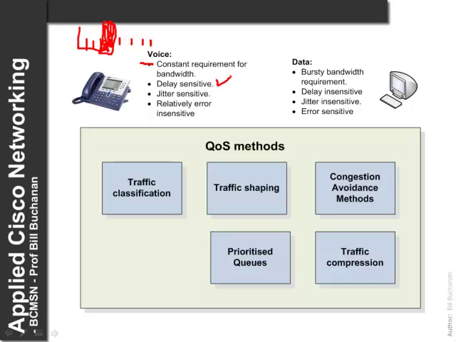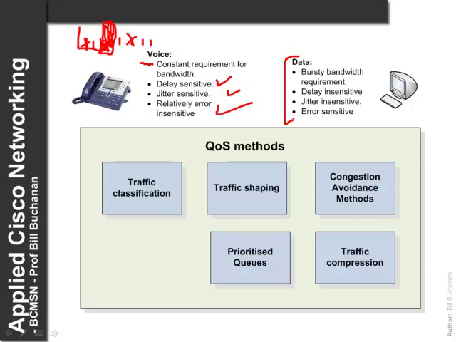It is also delay sensitive, and that matters how long it takes each of the intermediate devices to process the voice data. It is jitter sensitive, but it is relatively error insensitive. The odd error in a data packet doesn't really matter that much, because the voice data can be easily filtered to produce the required output.